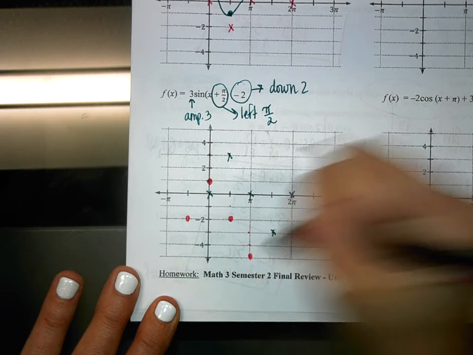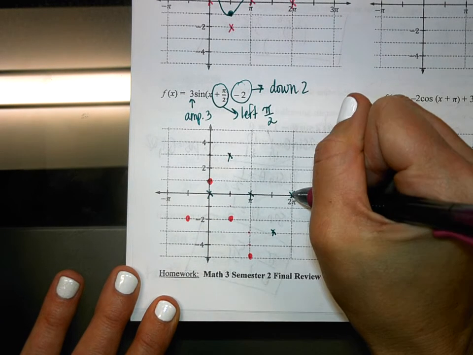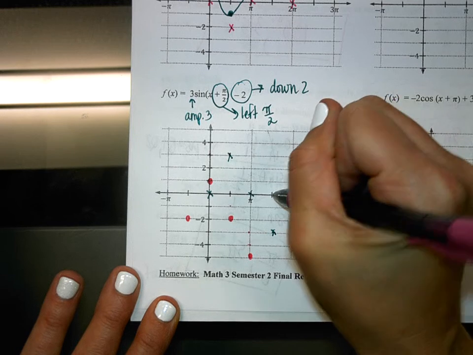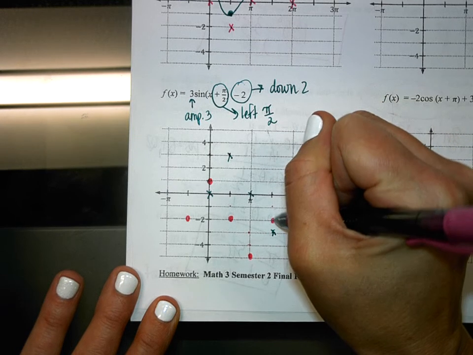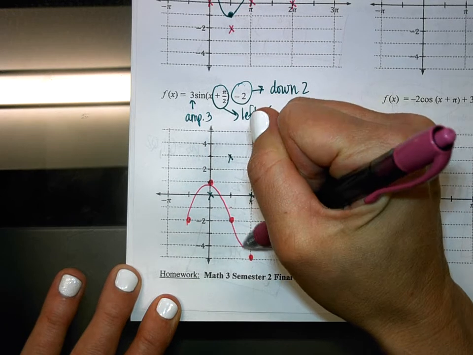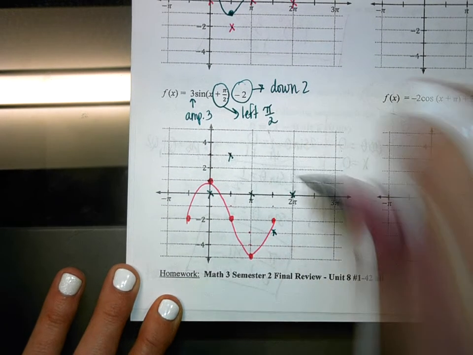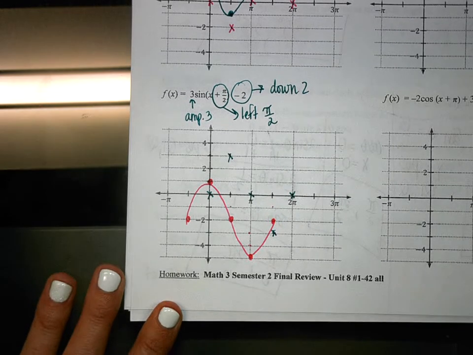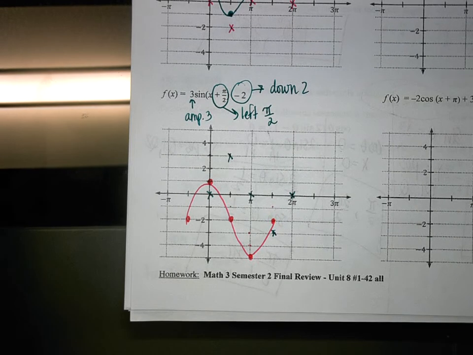And then the last one, left pi over 2, down 1, 2. And it should make the same curve as my other sine functions. If it doesn't, then we probably did something wrong. Okay. Any questions? All right, so now let's look at the cosine graph.